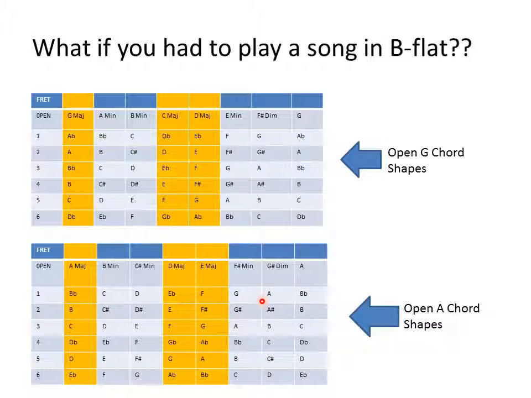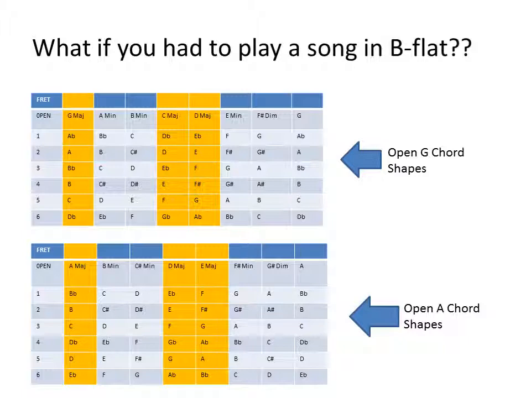Exactly right. Now me, my preference is I love the G-shaped chord, the G open chords. I would probably throw my capo on 3 and play it that way. That's just me. So it's just going to have to be something that you play around with, and you'll figure it out.